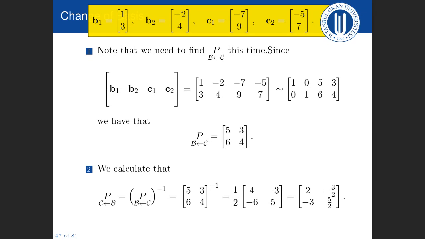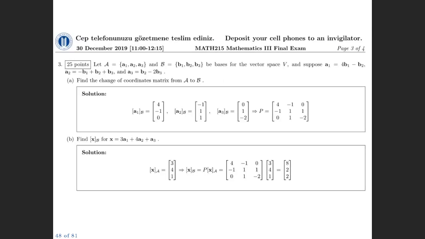Let's look at some past exam questions. This is the final exam from the 30th of December 2019. Question 3 said, let A and B be two bases for a vector space V, a three-dimensional vector space, and we're told the way that these are related.